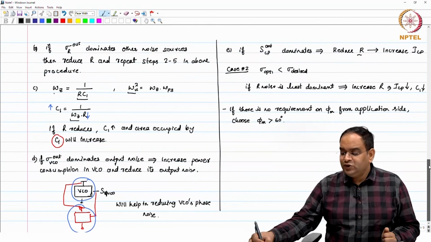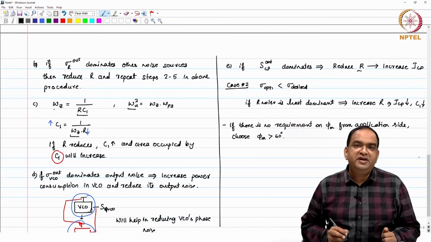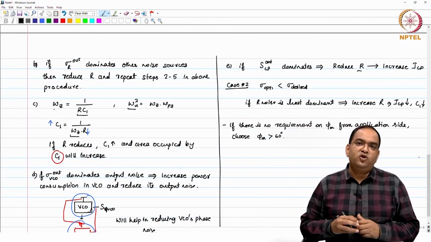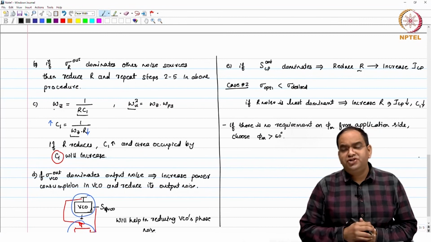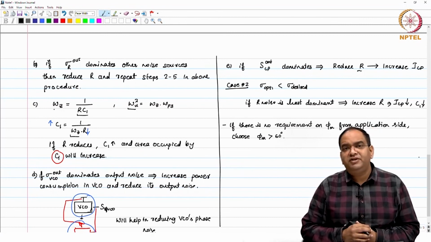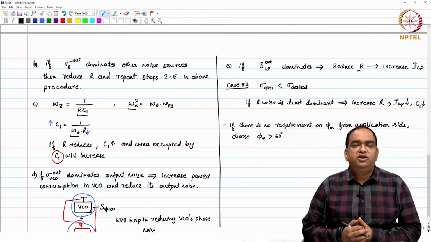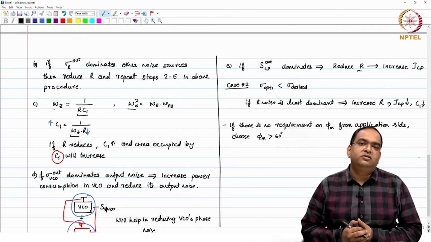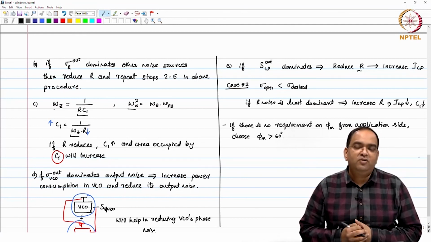And then you will also see that based on the phase margin, the noise contribution also changes a bit. The ratio of C1 by C2 will vary based on the phase margin, which will change the noise transfer functions. So, you can calculate that. Okay.